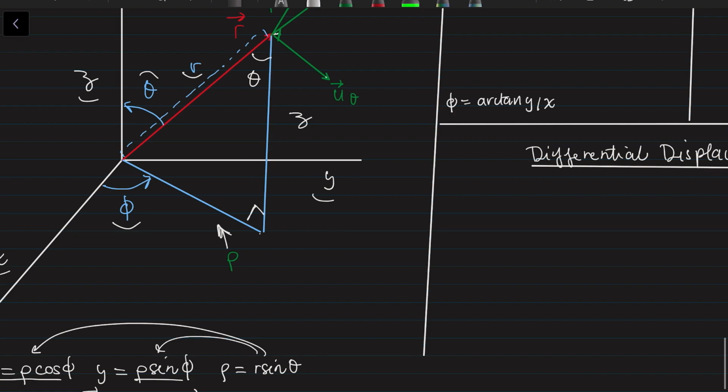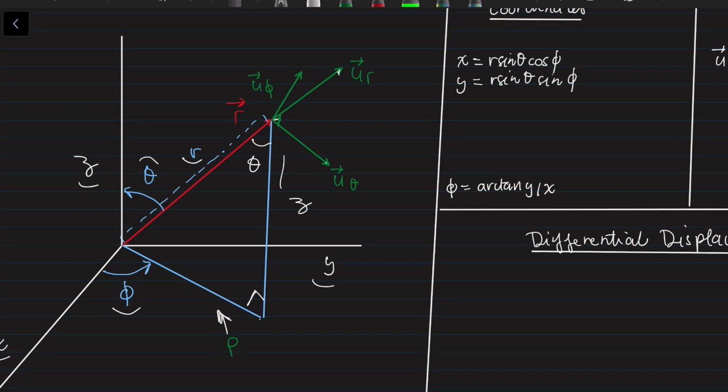Okay, and then back to this right angle triangle, we see that there's a height z and an angle theta over there. So that tells us that z is equal to r cosine theta. Okay, so this is pretty nice and simple.